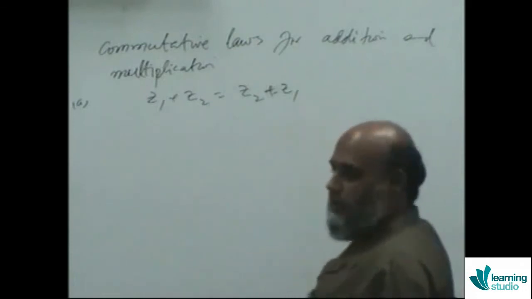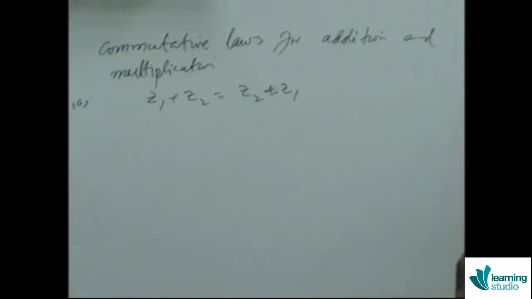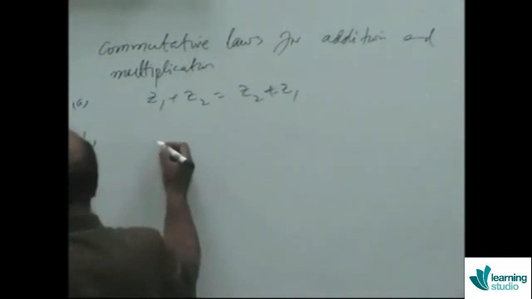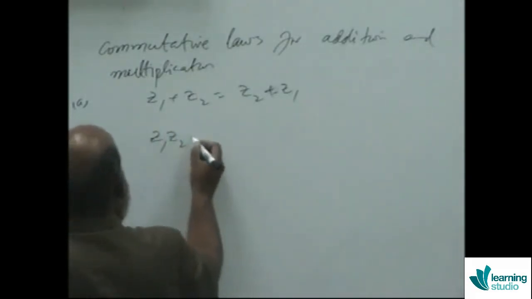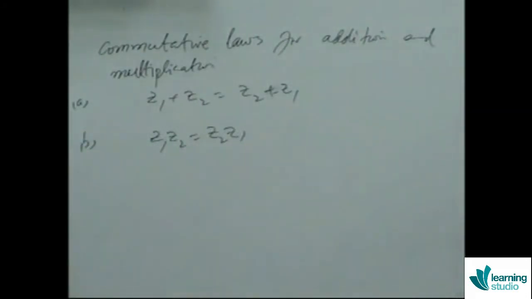This is commutative with respect to addition. Just as in case of real numbers, 2 plus 3 is the same as 3 plus 2. Similarly, in case of complex numbers, it is commutative. And Z1 into Z2 is the same as Z2 into Z1. This is commutative with respect to multiplication.